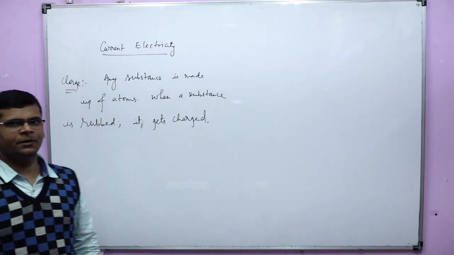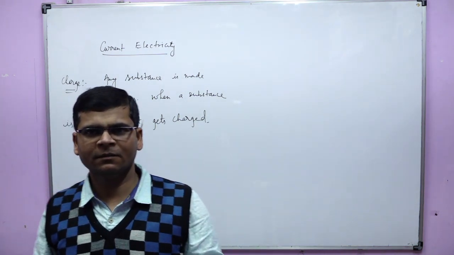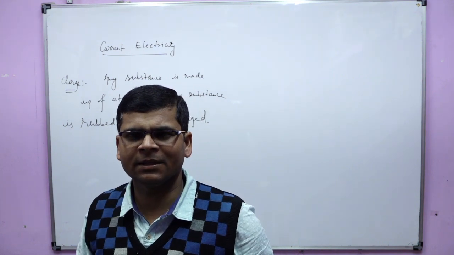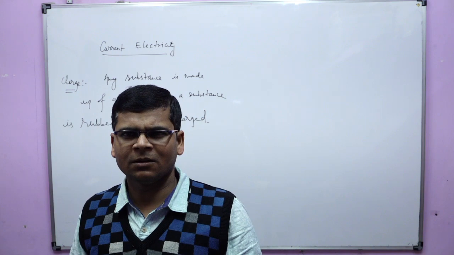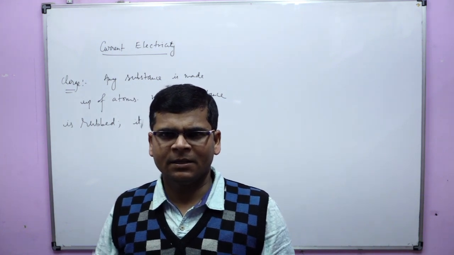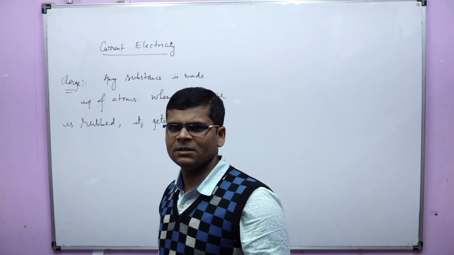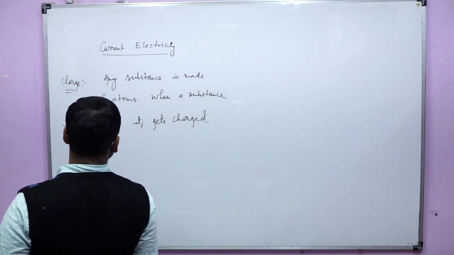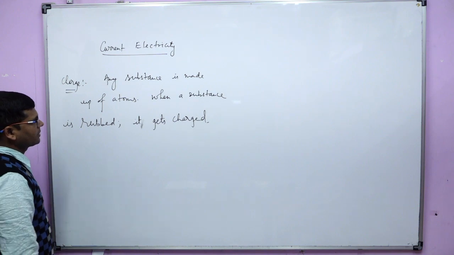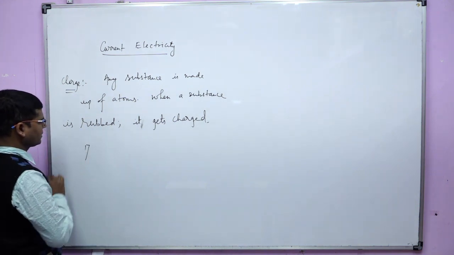We are not going to study here the conventional examples, such as a glass rod rubbed against silk or amber being rubbed. But in general, what we have to understand is that when a substance is rubbed, there may be two cases.